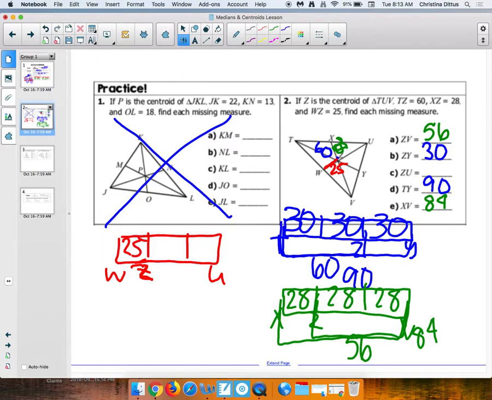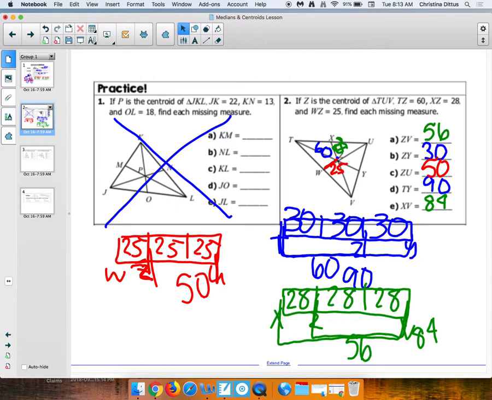So what's each box? 25. The only one I care about is Z to U. How big is Z to U? 50. Good. Okay. Questions?